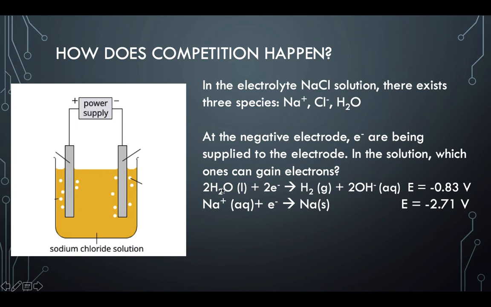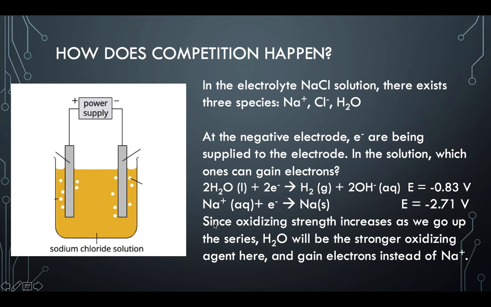Now, if you have two species that can gain electrons, which one is going to be prioritized? Remember, we say it's always the top left, with a larger E value, that is going to be prioritized and go through the reduction reaction, goes forward.